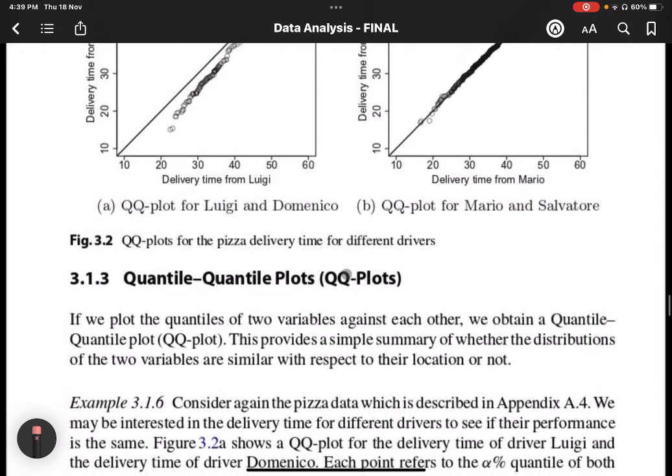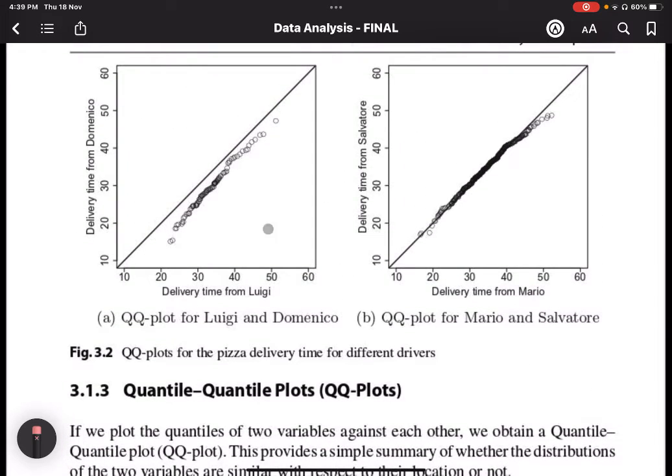So with regards to the representation in the graph between the median, we use the delivery time example from before in the midterm, the pizza delivery time. This one is Luigi's, this one is Mario's. If the distribution of our data lies along the line, then there is no difference in the performance of Mario and Luigi.